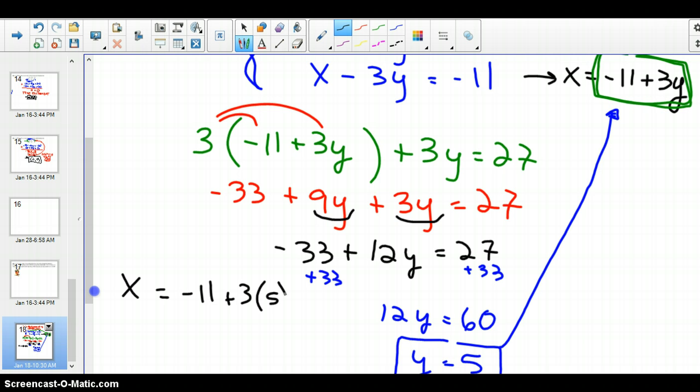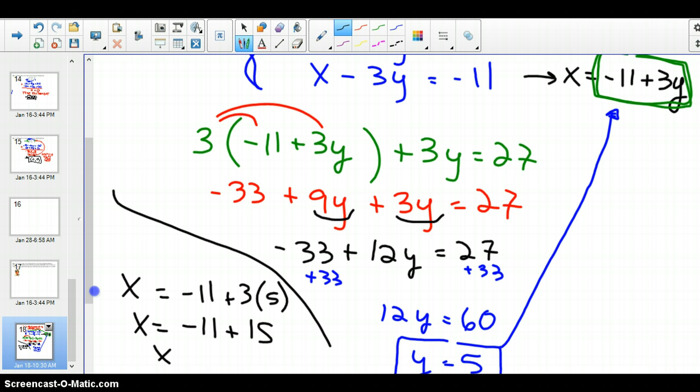Now y is 5, we solved for that already. So x is equal to negative 11 plus 15, which means x is equal to 4.